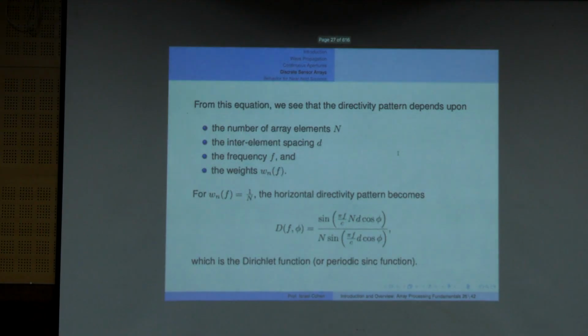So we will check the effect of n, d, the distances between the sensors, the frequency, and afterwards the effect of the weights. The effect of the weights we will talk about separately, because beamforming is to design the directivity. But with constant weights, we can see the effect of n, d, and f.